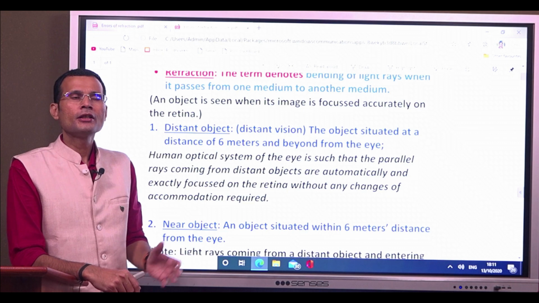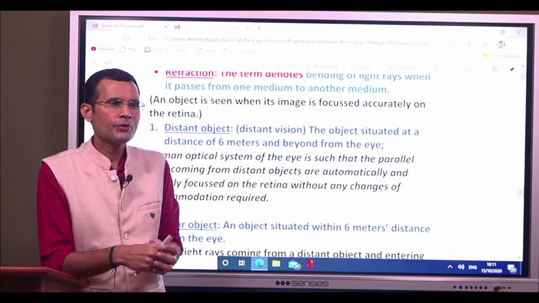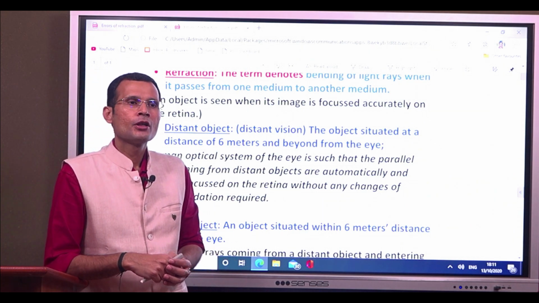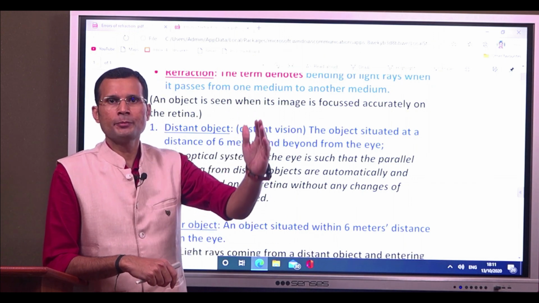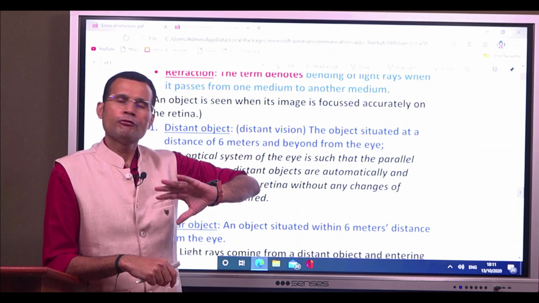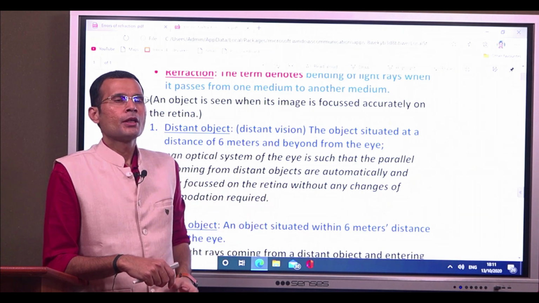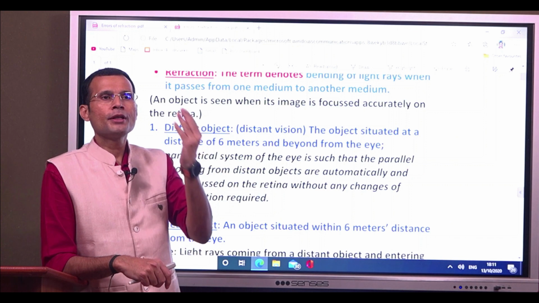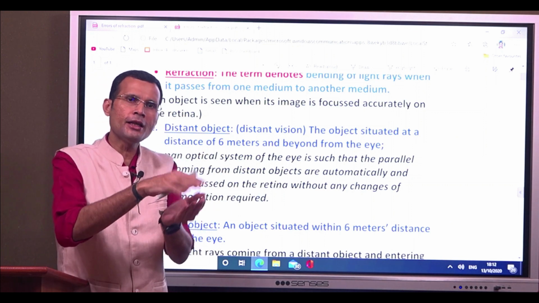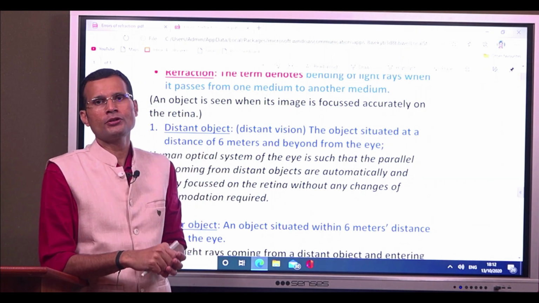The boundary is because it is observed that when the object is at a 6 meters distance or beyond 6 meters, for any such object, the parallel rays coming from that object, when they enter the eye, automatically converge and automatically focus on the retina.